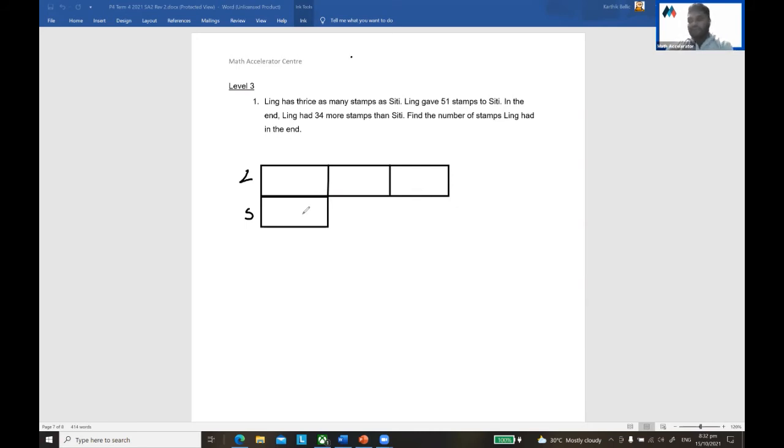Now, Ling gave 51 stems to city. So how are we going to show this in the model? When you're cutting something from a model, you always put dotted lines. So put 51. You're going to cut this away and transfer it over to city.